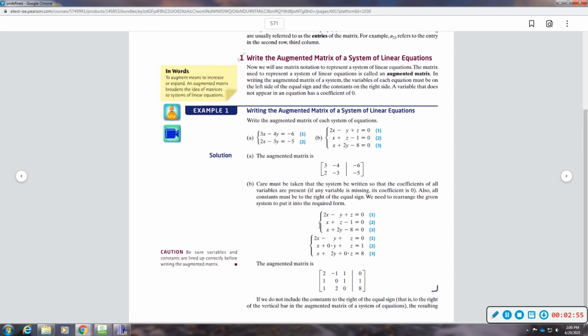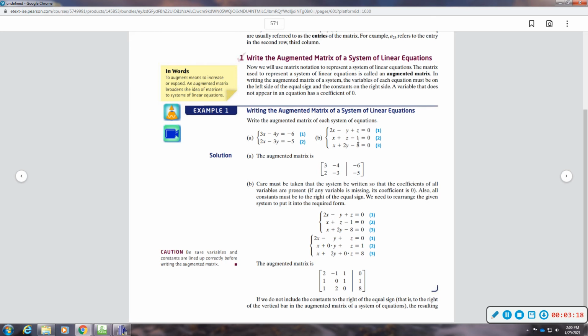So those are like the first things you need to do. If you're going to take a system of equations and convert it to a matrix, you have to make sure everything is vertically aligned. If you look at this one, it has x, y, and z. And then the next equation has x, no y, but then it has z, and then minus 1, and then equals 0. So this is not lined up at all.